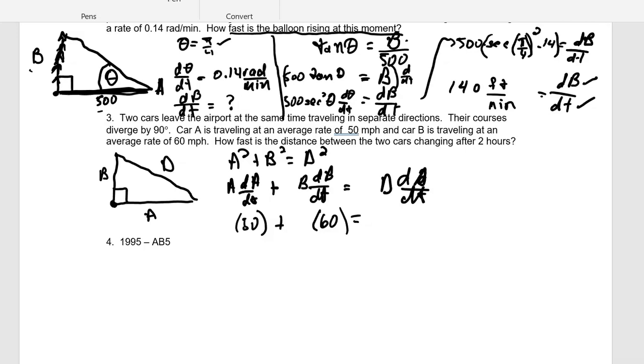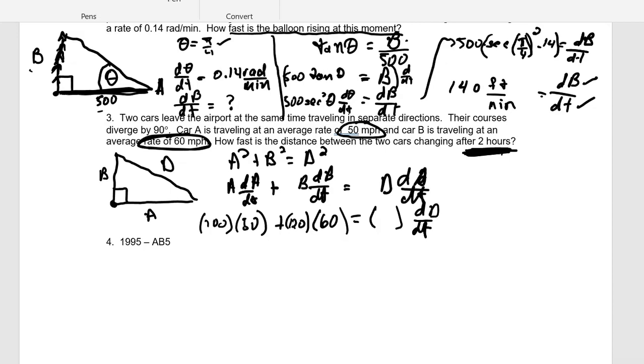If we are looking ultimately for dD dt, then we better be able to figure out what's A, what's B, what's D, so that we can then figure out dD over dt. You were told they were traveling these rates for 2 hours. So if car A was traveling 50 miles per hour for 2 hours, he would have traveled 100 miles. Car B is traveling 60 miles per hour for these 2 hours. So he would have traveled 120.